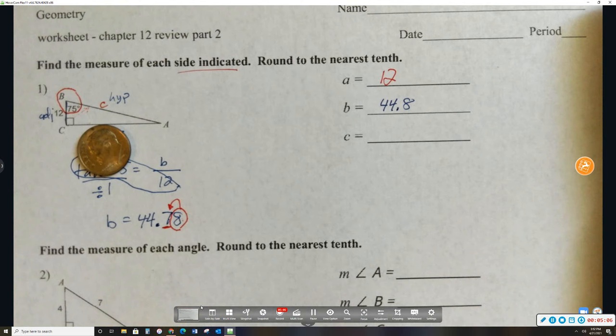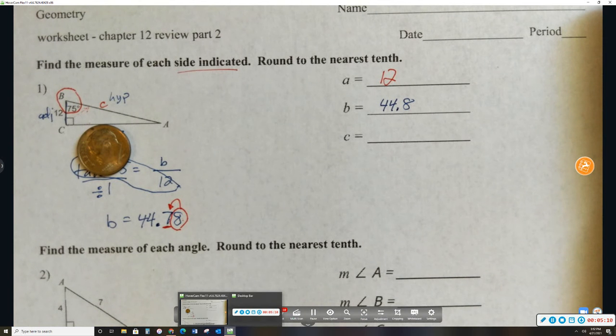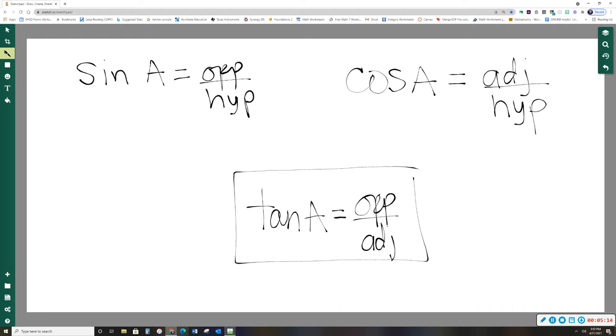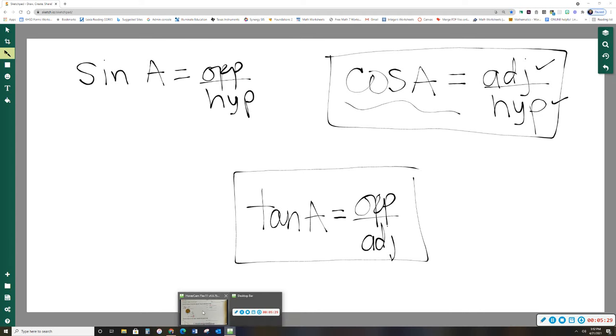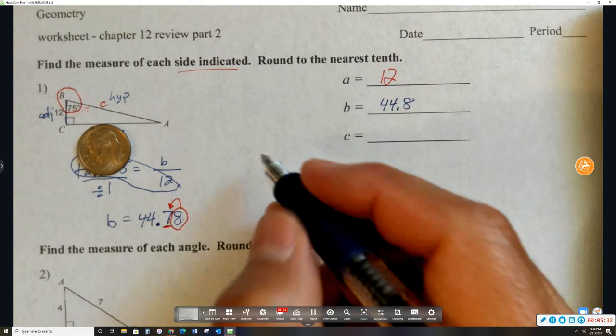Again, I go back to my trig ratios and ask which ratio uses the adjacent and the hypotenuse sides. Adjacent over hypotenuse, that's the cosine ratio. So when I write my equation, it's going to look like this.